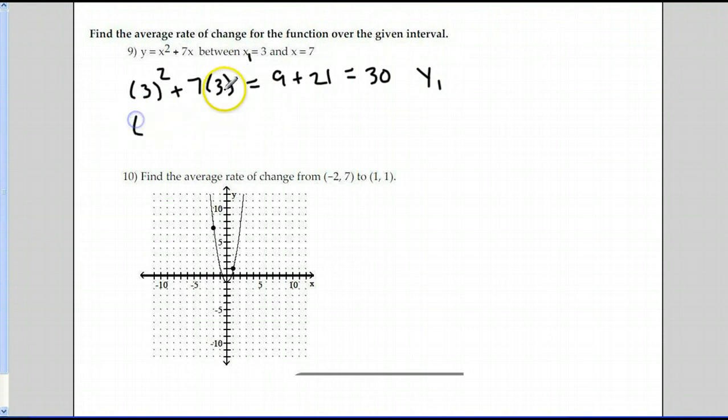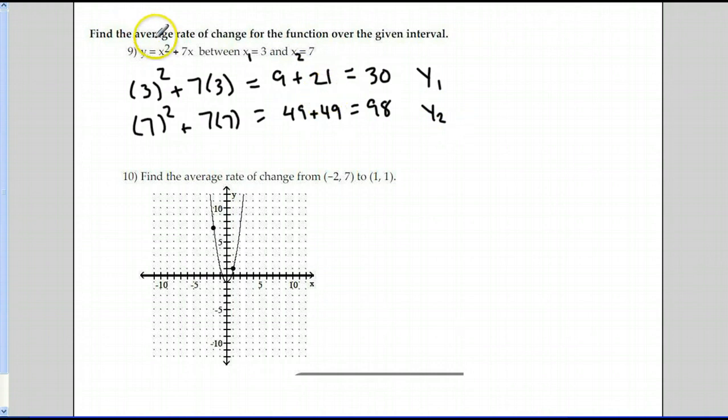And then plug in 7. 7 squared plus 7 times 7. That equals 49 and another 49, which equals 98. And that's like your y2 to this x2. And remember, average rate of change is just like slope.